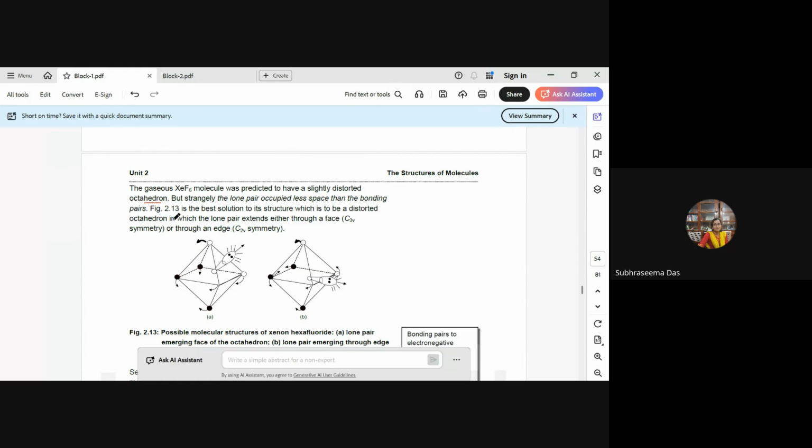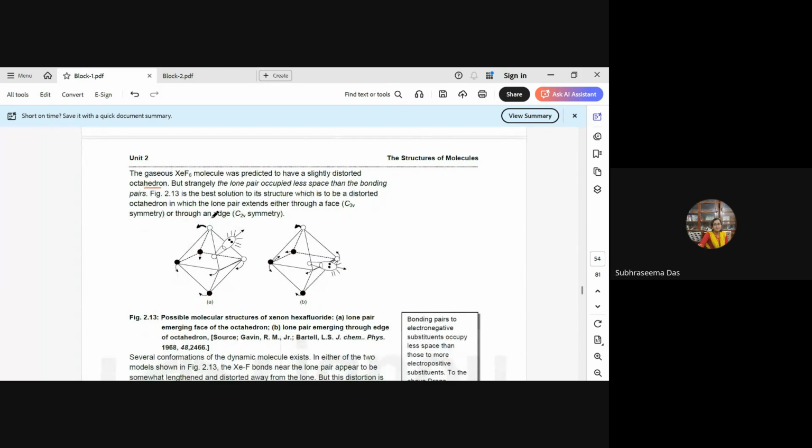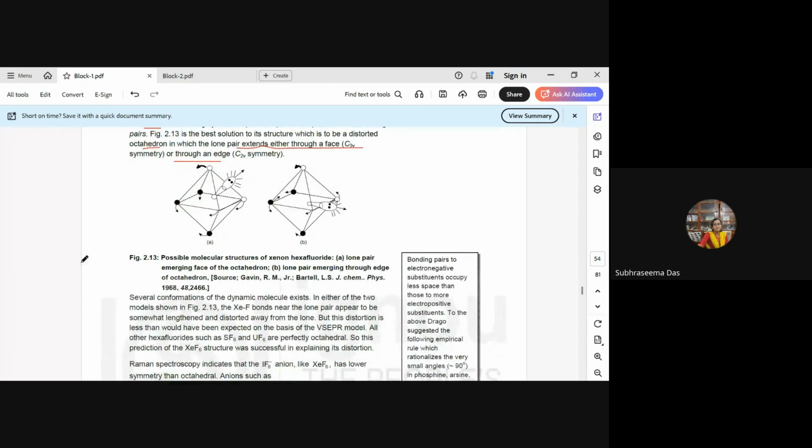In figure 2.13, you can see the best solution to its structure, which is a distorted octahedron in which the lone pair extends through a face or through an edge. Here in figure A, the lone pair emerges through the face of the octahedron. But in figure B, you see the lone pair emerges out of the edge of the octahedron.